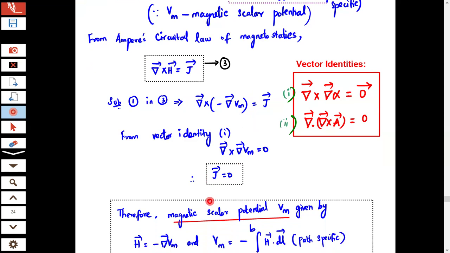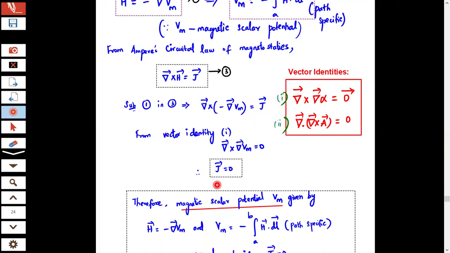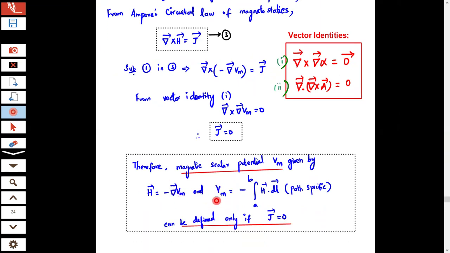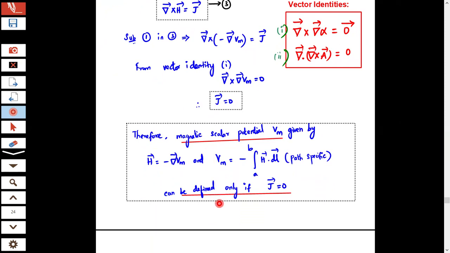Hence, there is a restriction for defining magnetic scalar potential. That is, this magnetic scalar potential represented as H equal to minus del Vm, or Vm equal to minus line integration H dot dl, is defined only if current density is zero. So only if this condition is true, this kind of magnetic scalar potential can be defined for magnetic fields.